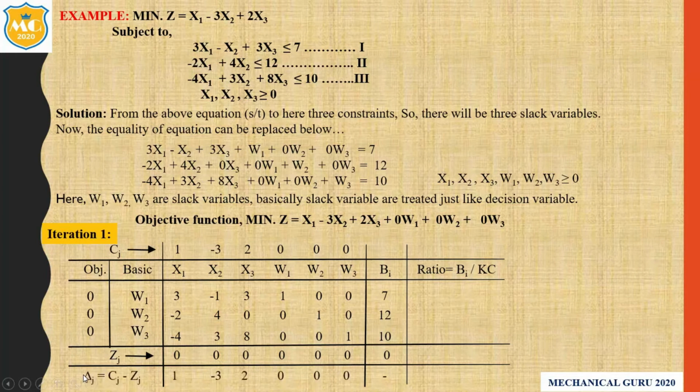Next we find the delta j value, that is Cj minus Zj: 1 - 0 = 1, -3 - 0 = -3, 2 - 0 = 2, and 0, 0, 0. Now the problem is minimization, so in the delta j values we have to choose the most negative number.